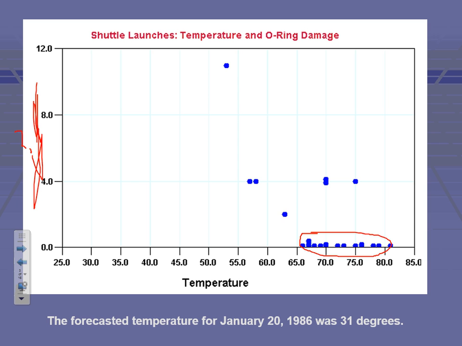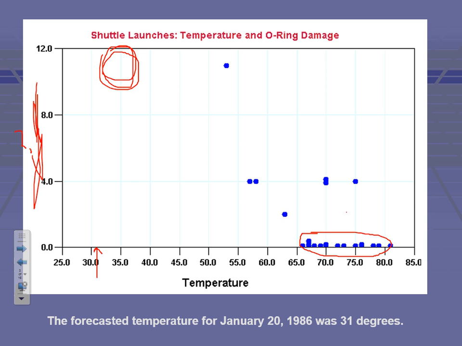Well, the issue for these guys was that the day they launched, it was 31 degrees outside. And notice this says forecasted. So they were basically under the impression, hey, it's going to be just below freezing. And one of the issues here is 31 degrees is down here. The NASA researchers didn't have any data to back up what they were doing at this point in time.